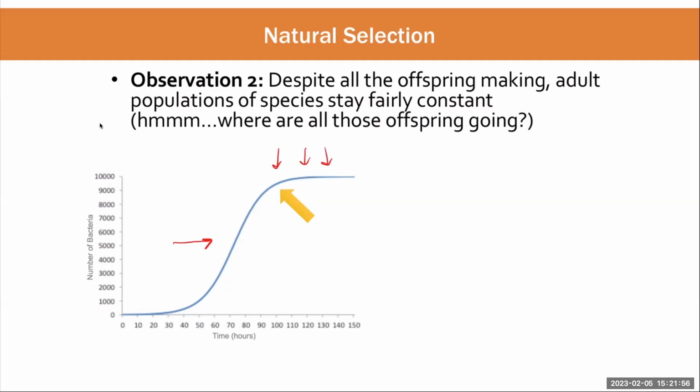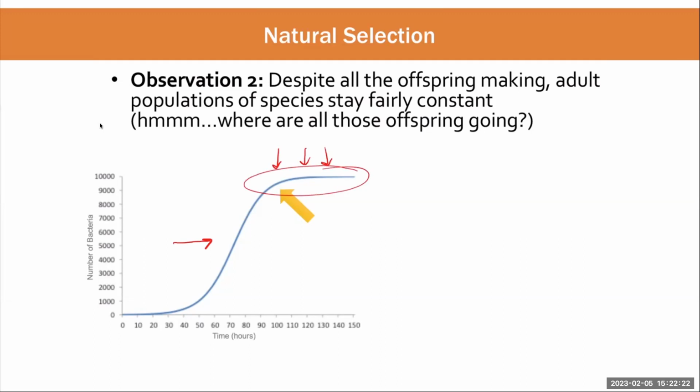So despite all of this offspring making, all of these fungi, all these sea urchins, all these bacteria, adult populations do stay fairly constant. Populations grow up to carrying capacity and maybe hover around carrying capacity, but generally speaking, under normal natural conditions, population sizes stay pretty constant.